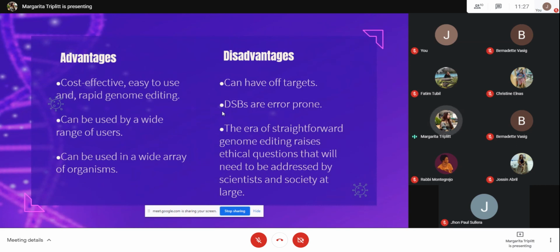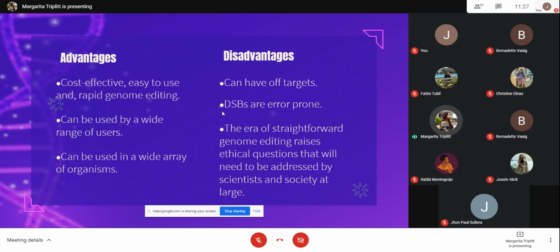And it can also be used even if a person has limited experience in this field. And it also can be used in a wide array of organisms, unlike other genome editing tools.